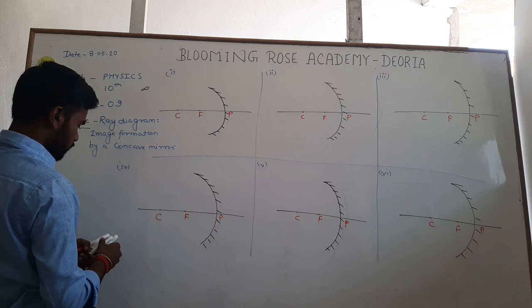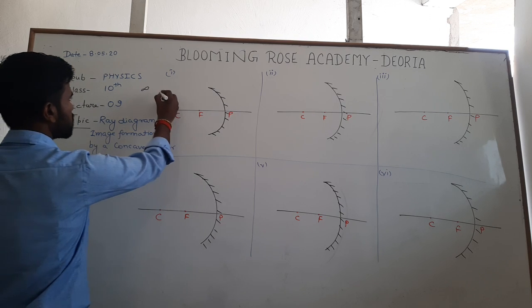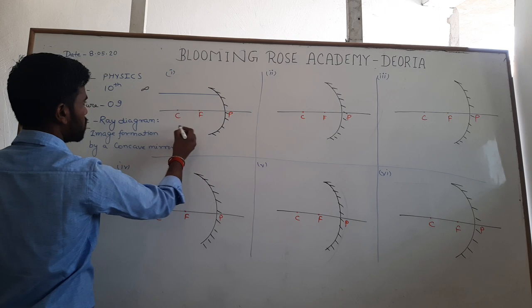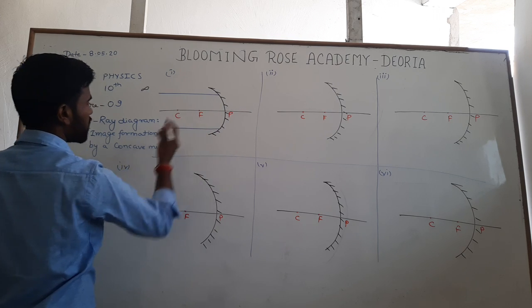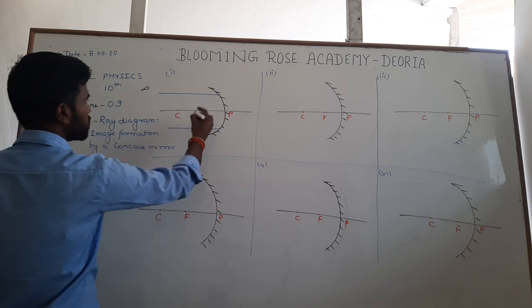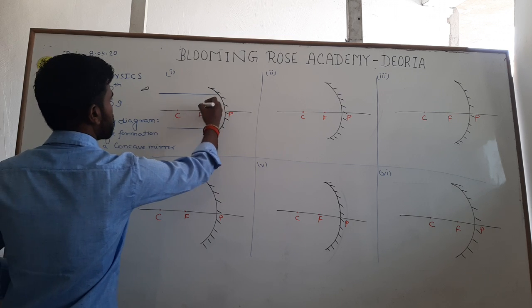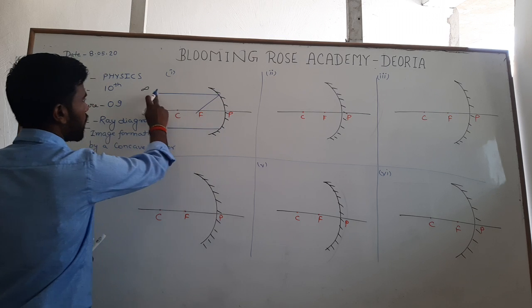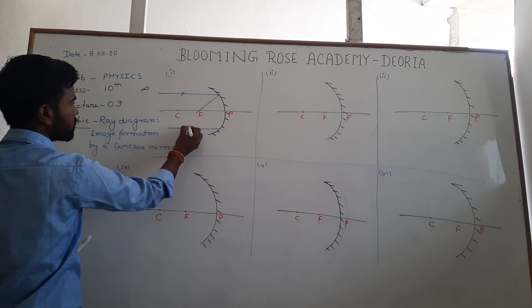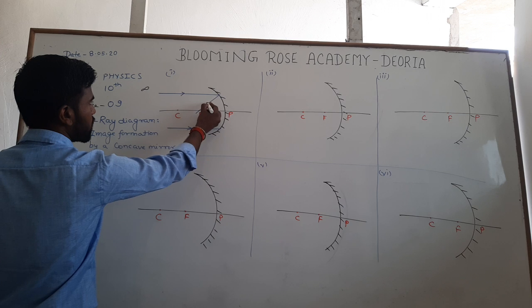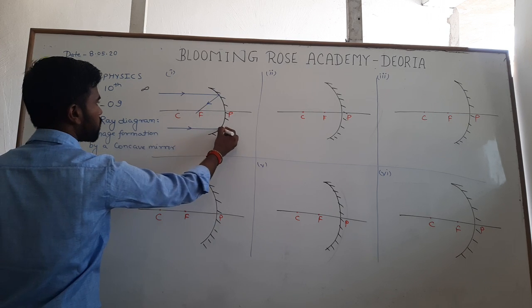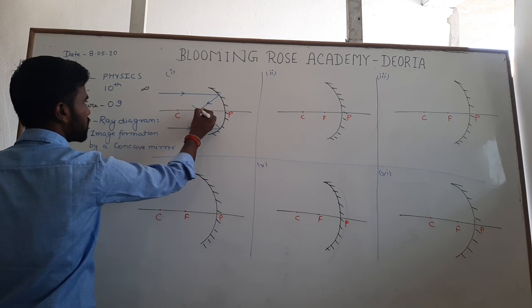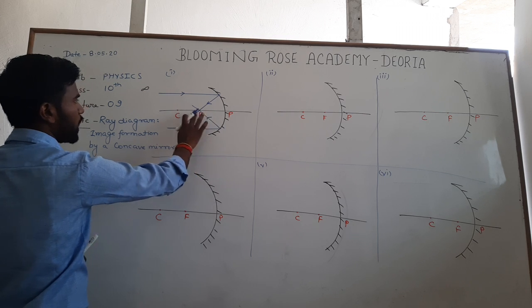When rays come from infinity to a concave mirror, the image will form at focus, which we have written in the table. So here you can see that the rays are from infinity, and after reflection they will pass through the principal focus, so you will get the image of the object at focus.